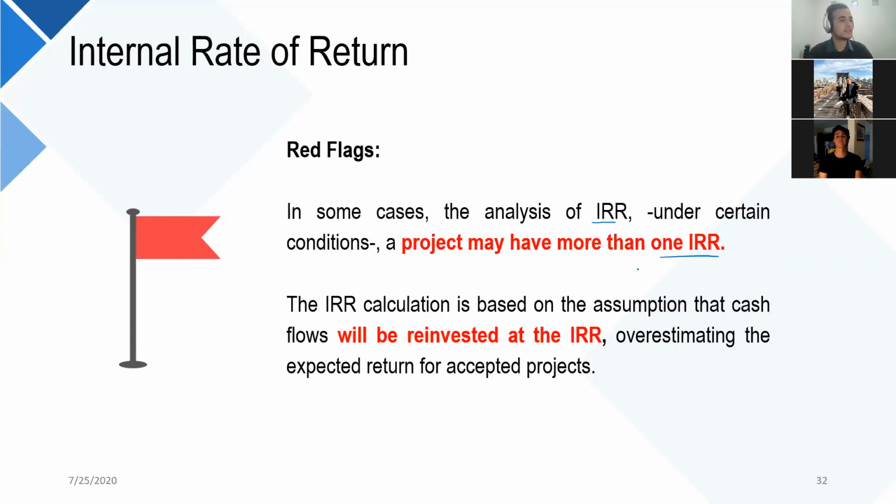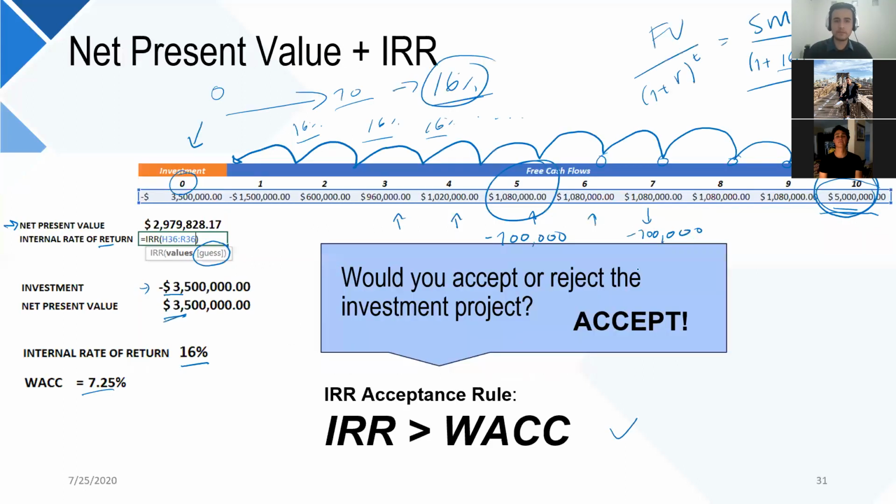And the second thing to consider is that with the internal rate of return analysis, you are assuming that the reinvestment rate of the cash flows is the same each period. That means that you will always get, in this example, 16% as a return on the investment, each year.